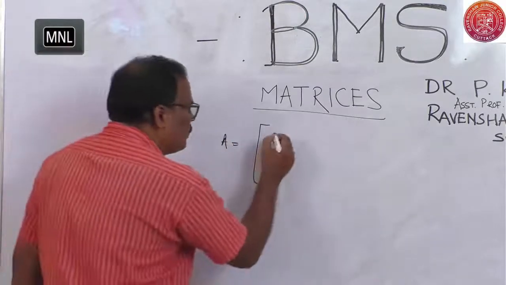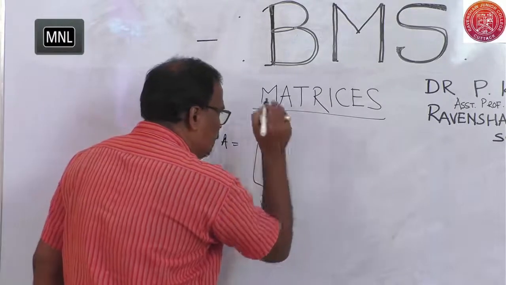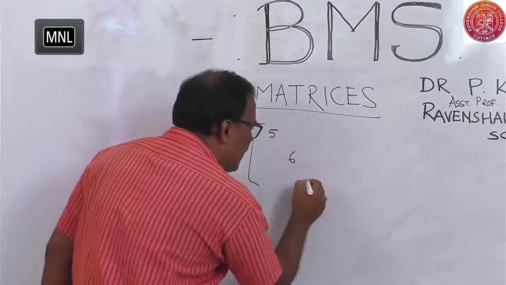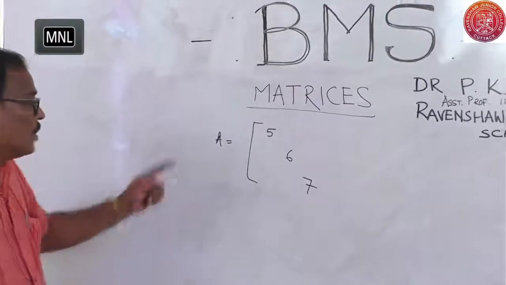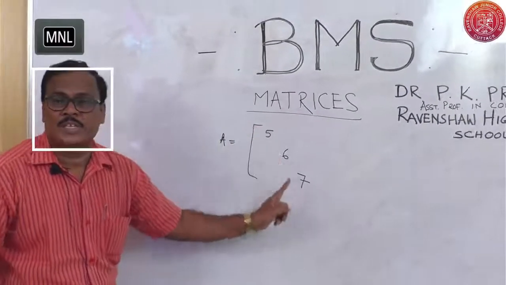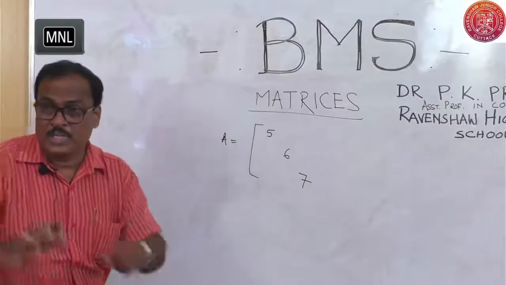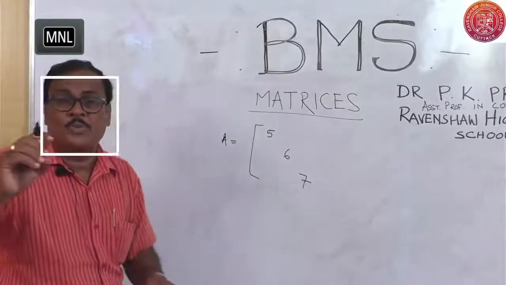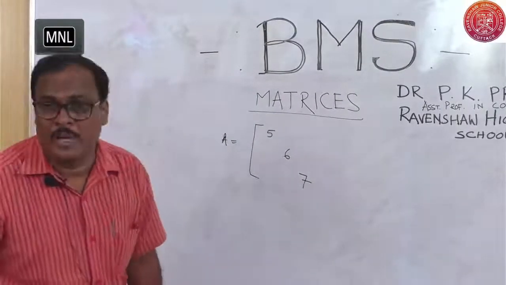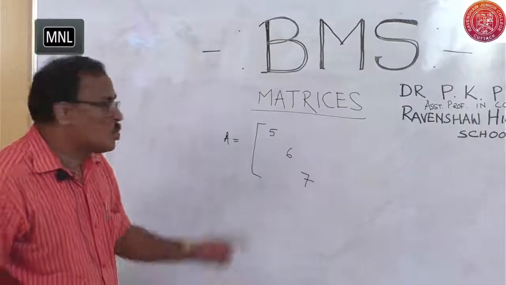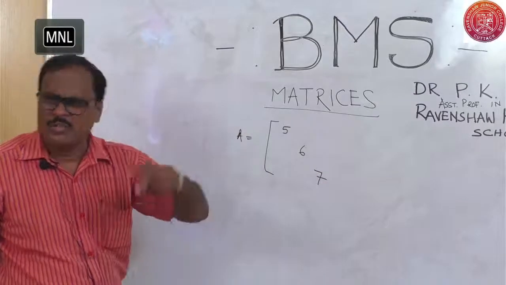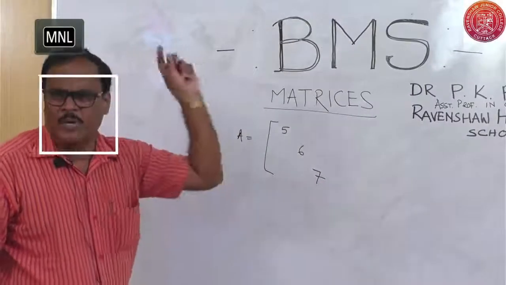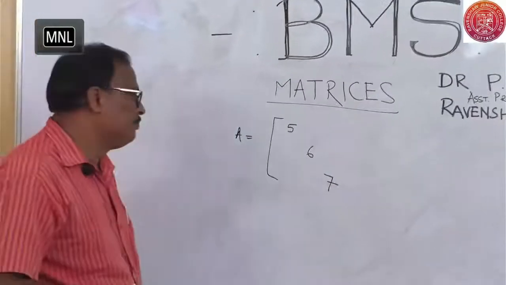First you write the principal diagonal elements, that is 5, 6, 7. You can take any elements, like a, b, c, or 3, 2, 9. Any element you can take or write.